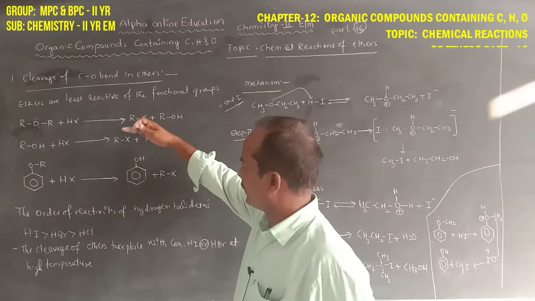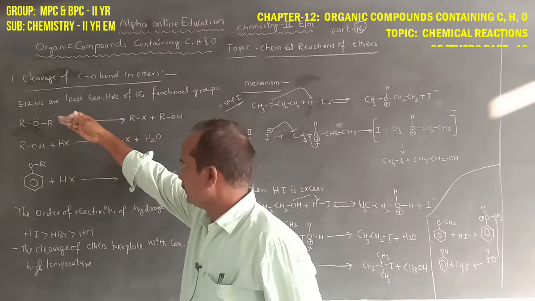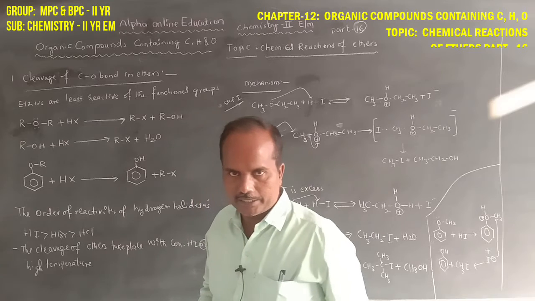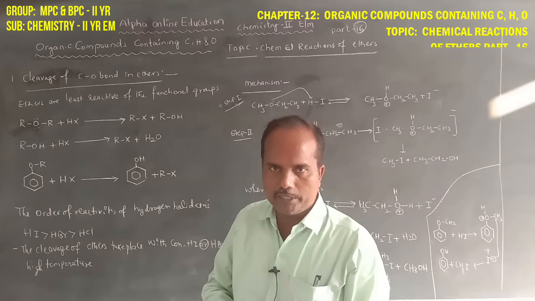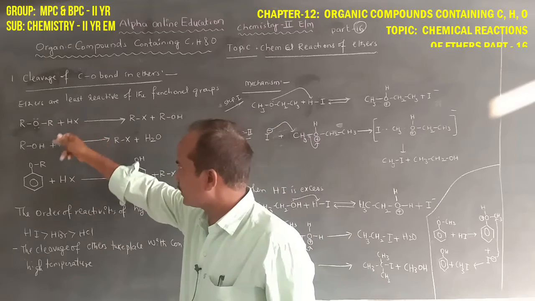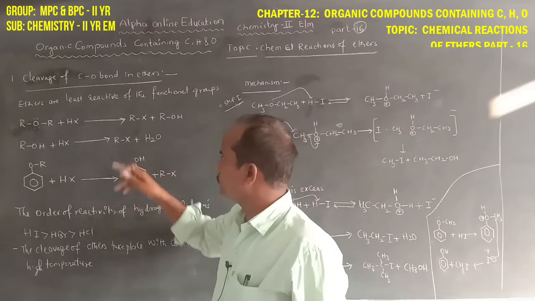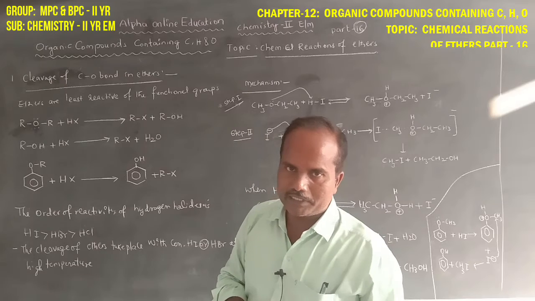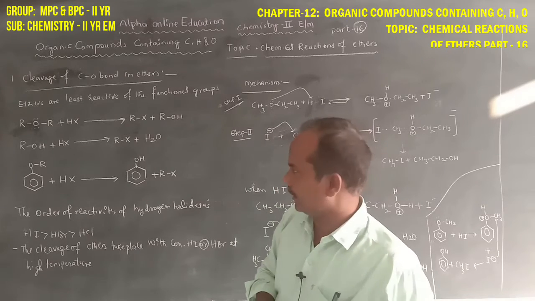This is the difference between alkyl ethers and aryl ethers: aryl ethers can form only 1 mole of alkyl halide, whereas alkyl ethers can form 2 moles of alkyl halide when treated with hydrogen halides.